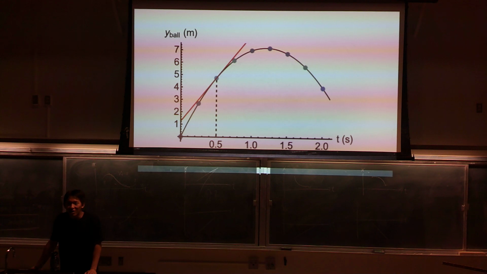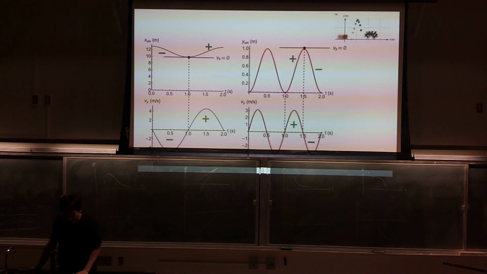So now we can look at the unicorn. Remember the unicorn? The unicorn is jumping left and right. So if you look at the unicorn in the tree frame, you can see that the x position should decrease and increase. So that's why the xt graph looks like this. It decreases and increases.